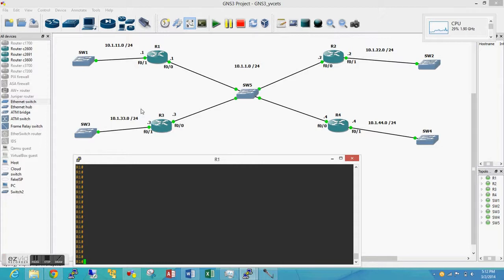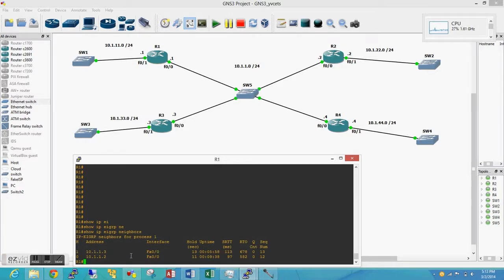A really good first step in the troubleshooting process of a network problem is to first think about how things should function if there were no problems. So if everything was functioning correctly, and we did this command, I'm on router 1, show ip eigrp neighbors, we should see that routers 2, 3, and 4 would all be in our neighbors list.